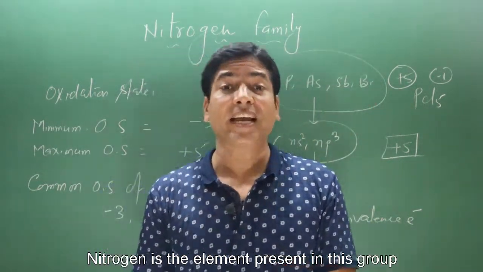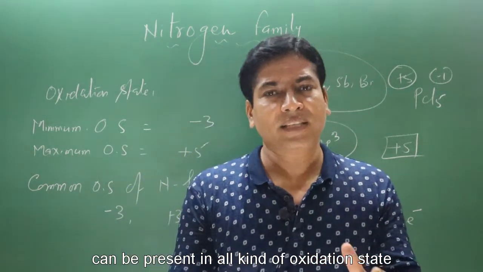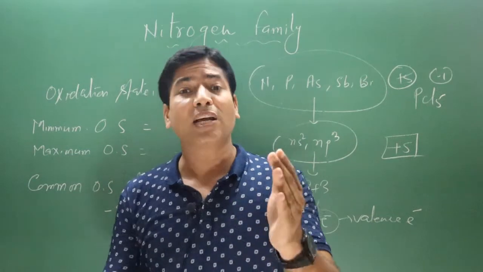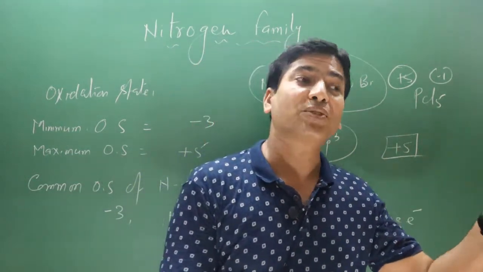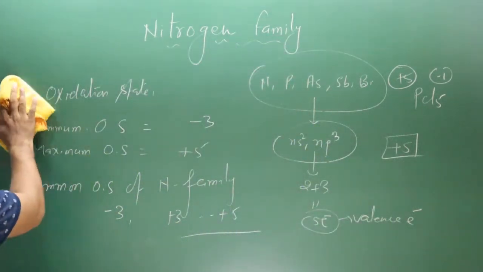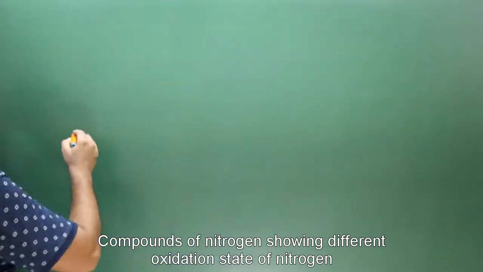But nitrogen, the element in this group, can be present in all kinds of oxidation states in the range -3 to +5. For example, it is present in -3, -2, -1, 0, +1, +2, +3, +4 and +5. Let me take some examples: compounds of nitrogen showing different oxidation states of nitrogen.